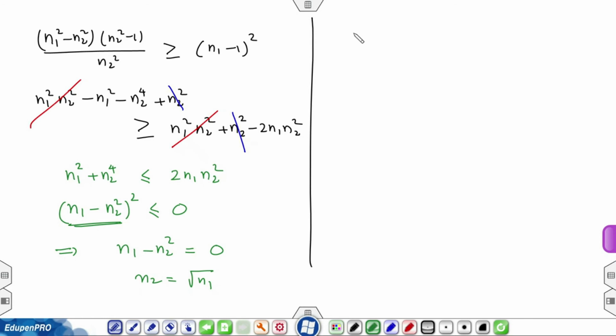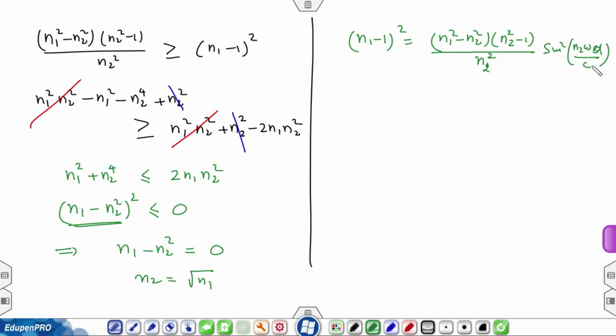Putting this back into the equation, that was (n1 − 1)² equals (n1² − n2²)(n2² − 1) divided by n2² sin²(n2 ω d / c), gives me, substituting the value of n2 equals root n1, n1² − n1 times (n1 − 1) divided by n1 sin²(root n1 ω d / c).